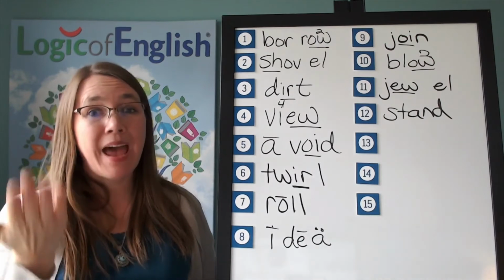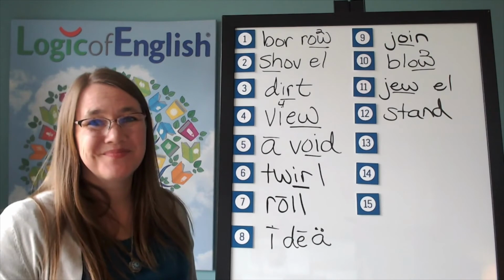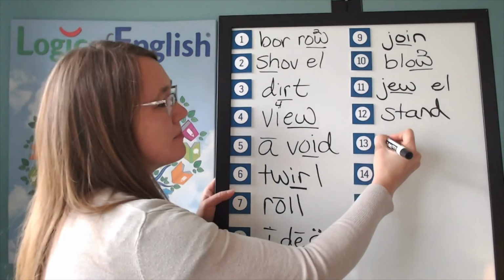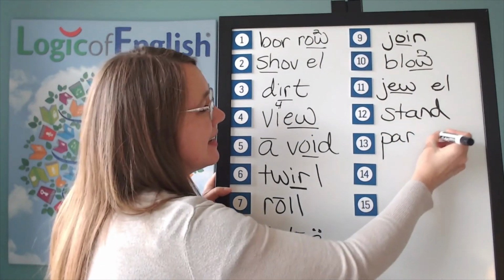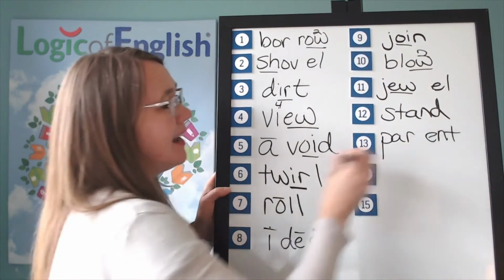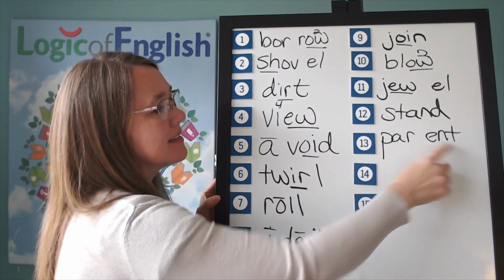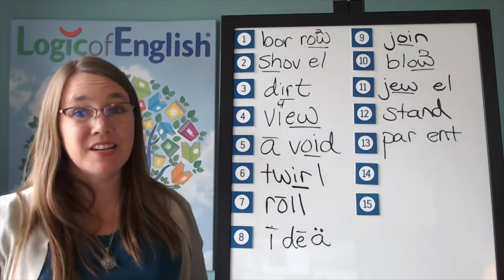Go ahead and write parent. Good. And help me to write it. The first syllable is par. P-A-R. The second syllable is ent. E-N-T. And let's read it. P-A-R-E-N-T. Parent. Good.